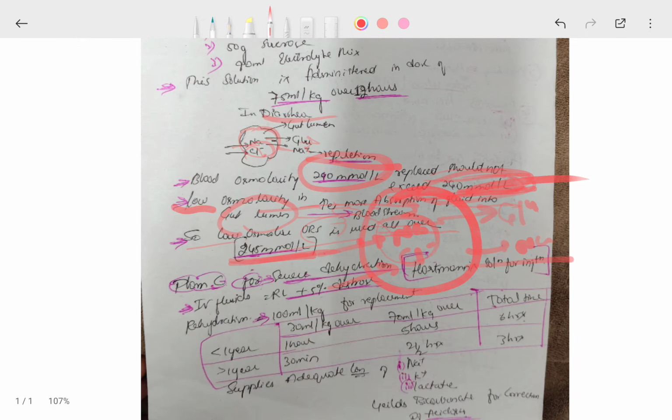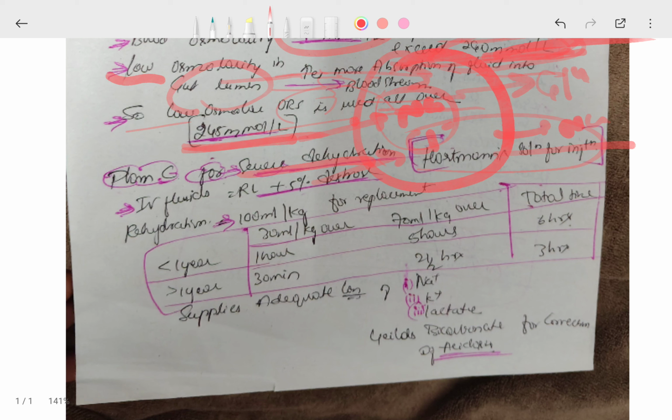Now coming to Plan C, which is for severe dehydration, you will use Hartmann solution, where the child won't be active enough to drink the fluids given orally, so you will directly go for IV fluids. Ringer lactate and 5% dextrose you will inject, which supplies adequate concentration.